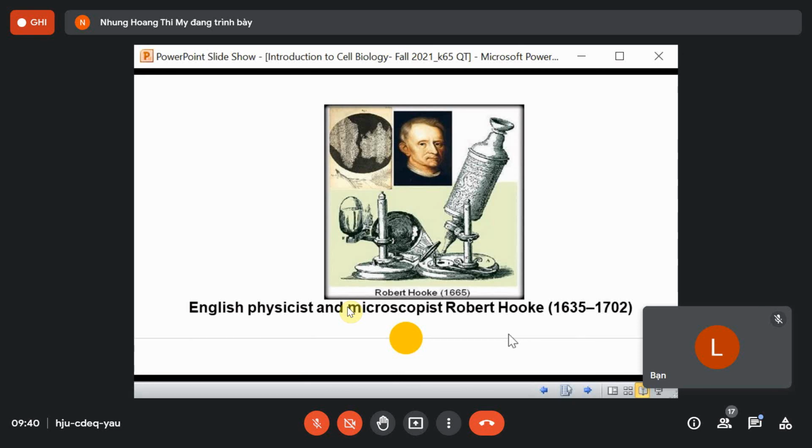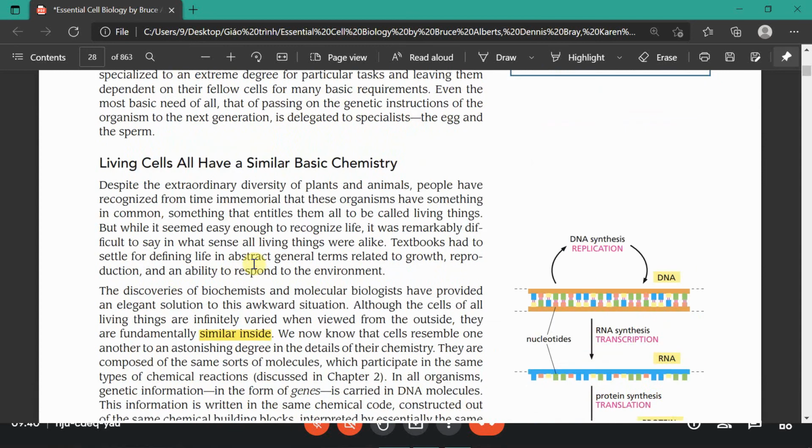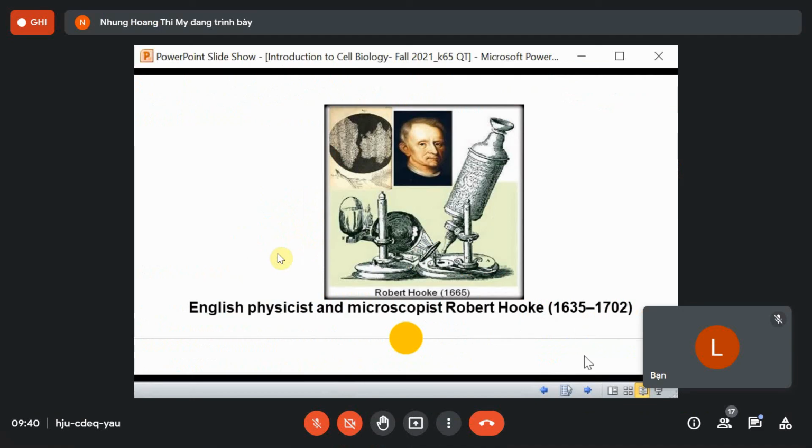But the thing he observed, the cell he observed, was it a living cell or a dead cell? What do you think? Dead cell. Yes, sure, it's a dead cell.